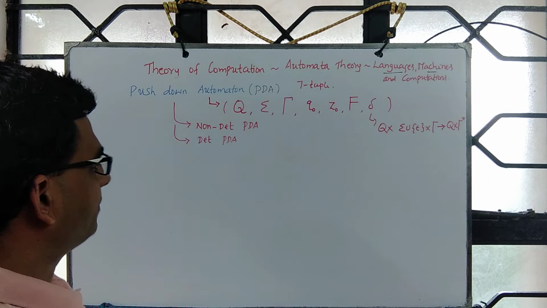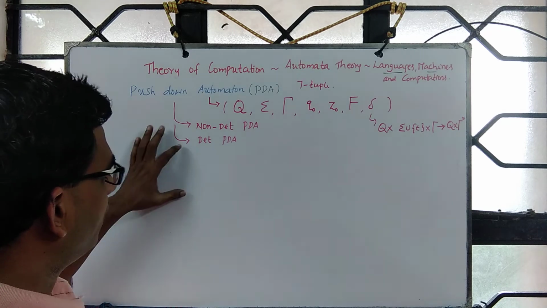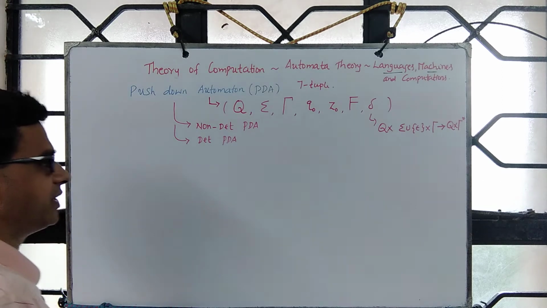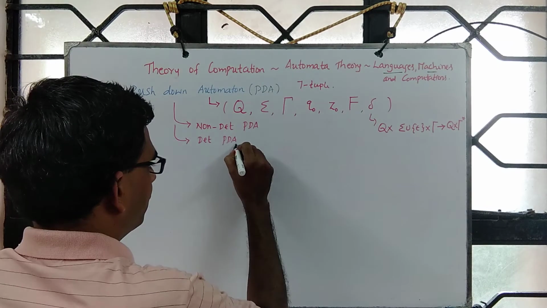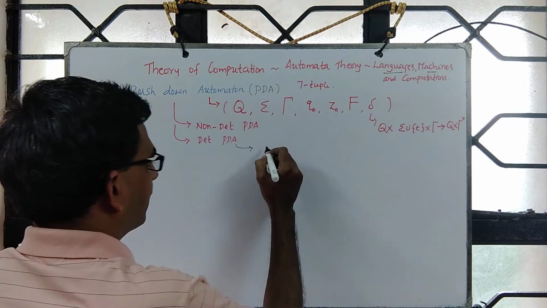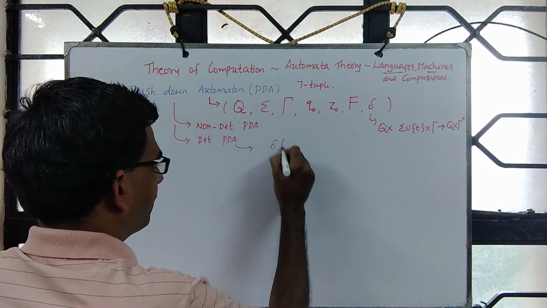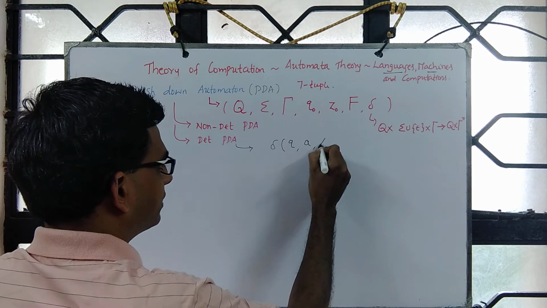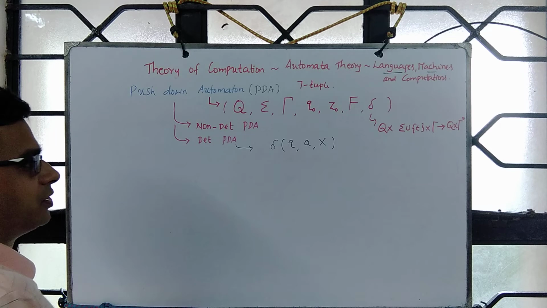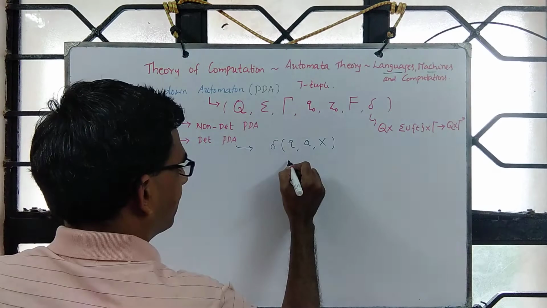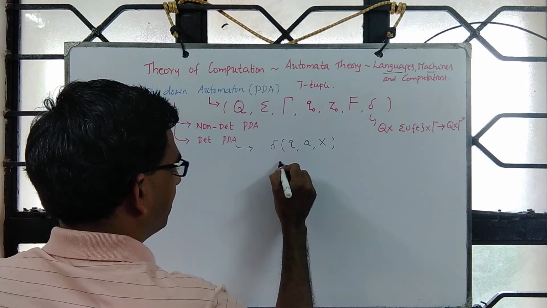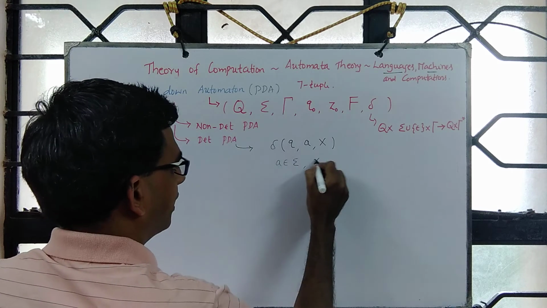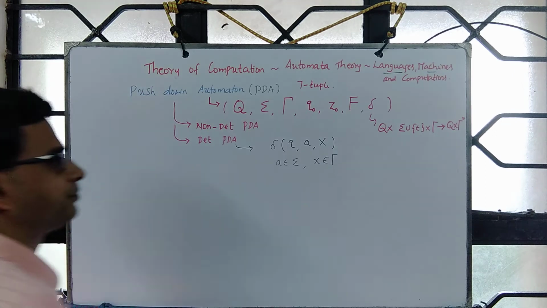So far the examples that we have seen, all of them are deterministic PDA. For two reasons, to say that it is a deterministic PDA, if you look at delta of Q comma A comma X, where is A coming from? A belongs to sigma and X belongs to gamma.